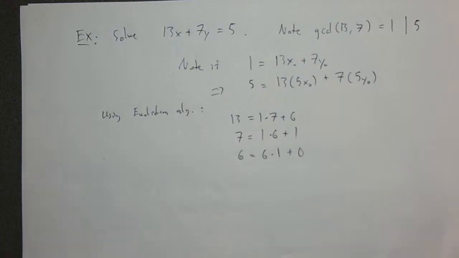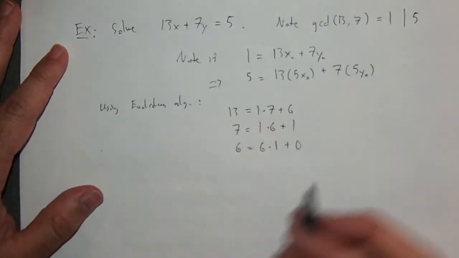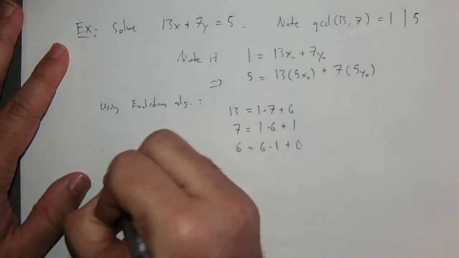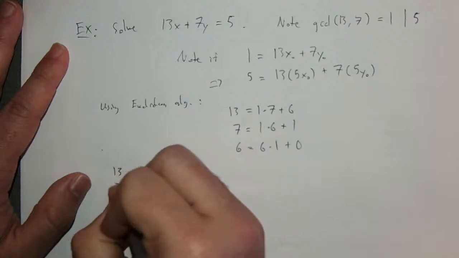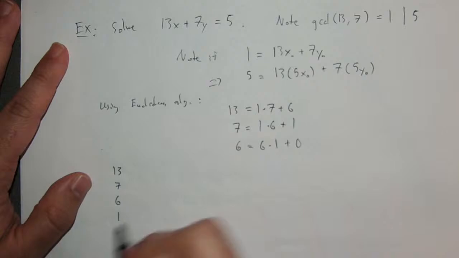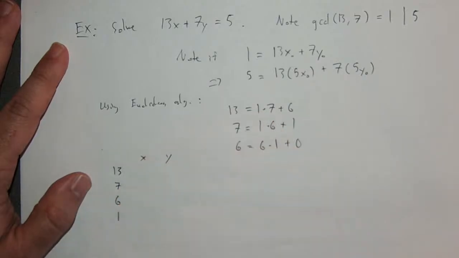So then, expressing 1 as a linear combination of 13 and 7, how do I do this? Using my extended Euclidean algorithm, what do I say here? I have 13 and 7 and 6, and then 1 is the last thing that shows up here, and then my columns of x and y.